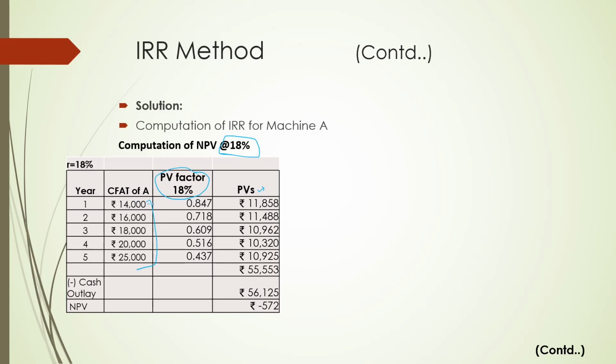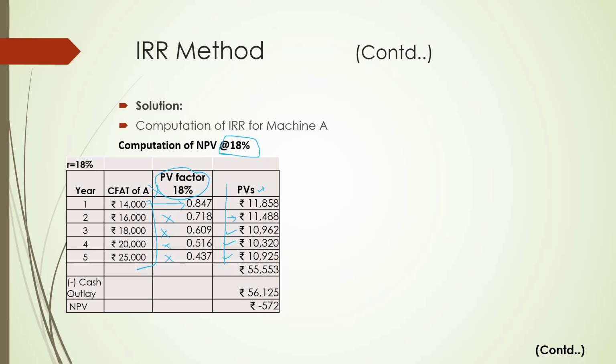Multiply CFAT into present value factor. 14,000 into 0.847. Then 16,000 into 0.718, you will get 11,488. 18,000 into 0.609, you will get 10,962. 20,000 into 0.516, 10,320. 25,000 into 0.437 is 10,925.